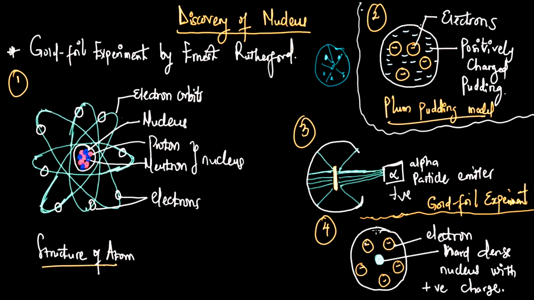Rutherford concluded that the nucleus isn't just a hard piece of positive charge, but it is composed of many protons. So the conclusion from Rutherford was that the nucleus is not just composed of one positively charged proton, but that it's composed of many protons.